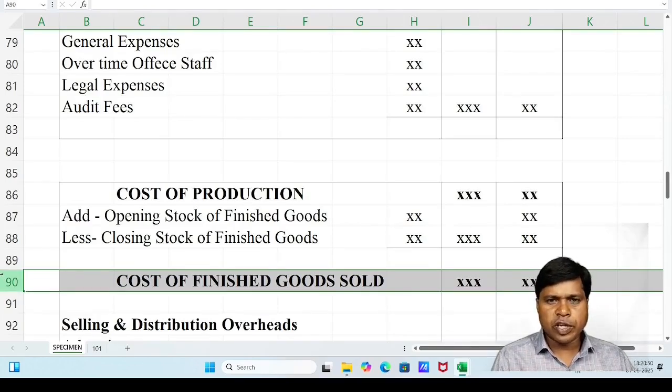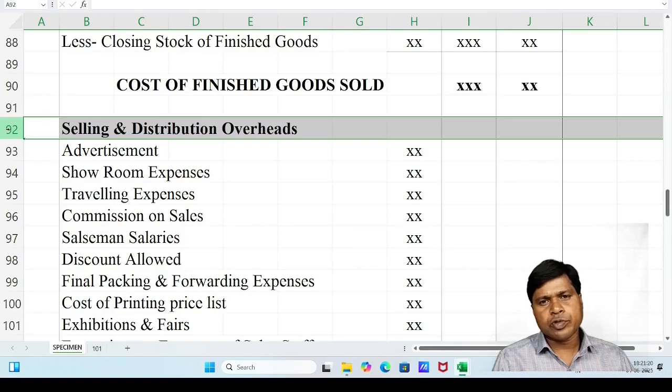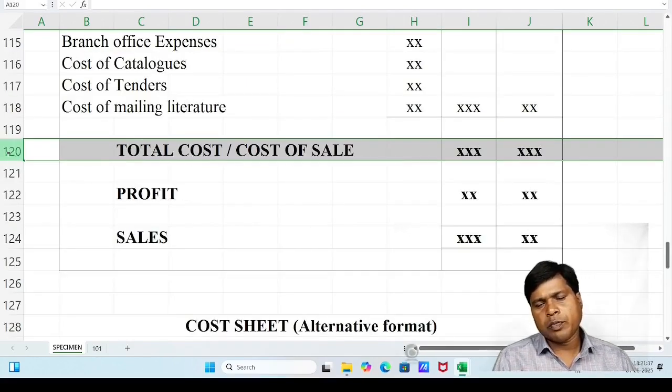You can see on screen. After cost of finished goods sold, we have to add another cost elements group, which is selling and distribution overheads. There are various sub cost elements, we will consider at the time of practical problem. After cost of finished goods sold and addition of selling and distribution overheads, we will get total cost, which is also called cost of sales, or this is the cost price, original price.